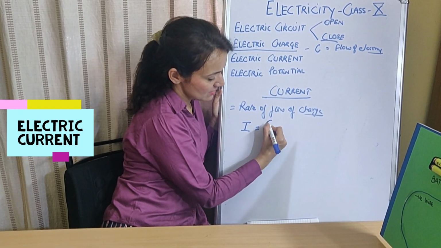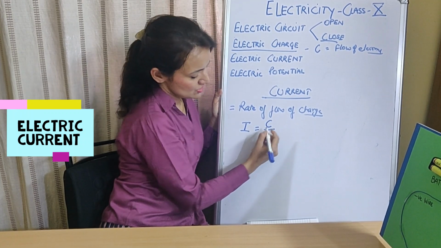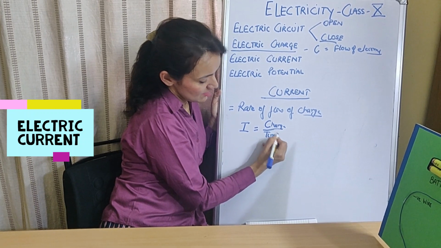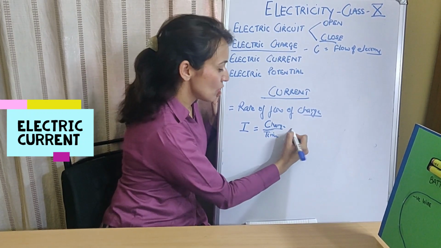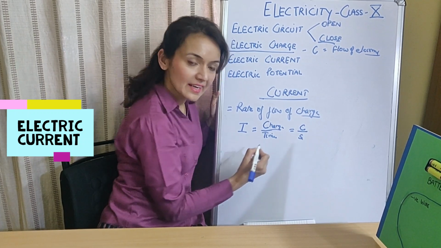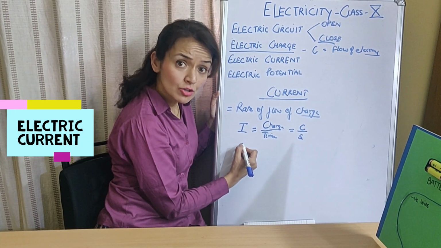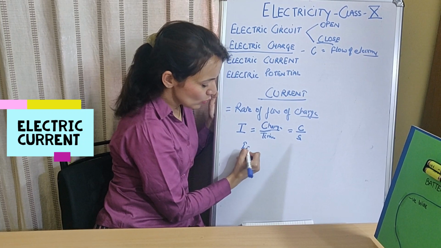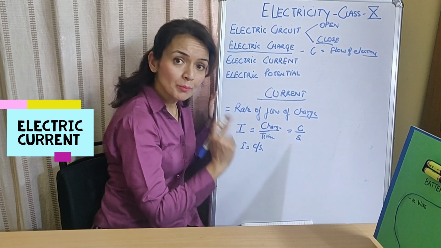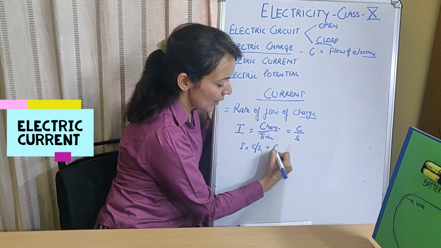That is, I equals charge by time. So if charge is denoted by C coulomb, time is denoted by seconds. So unit of current will be coulombs per second, and coulomb per second is equal to ampere.